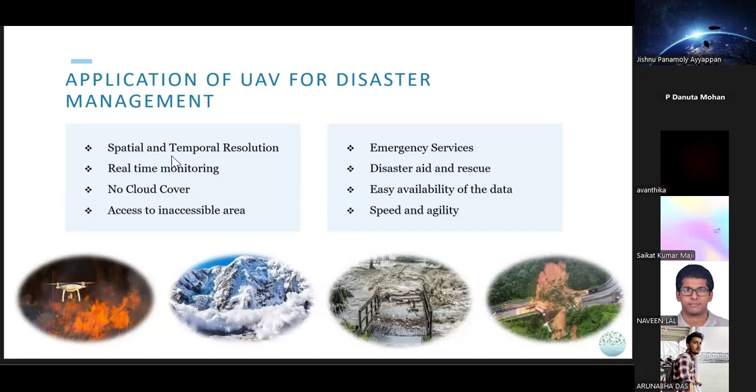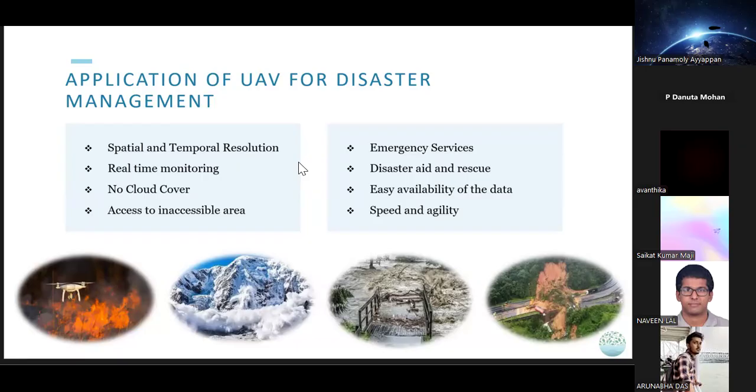Another thing is temporal resolution. As I said yesterday, if I want to do landslide studies of an area, we always do a time series analysis for prediction of a disaster or to propose mitigation strategies.